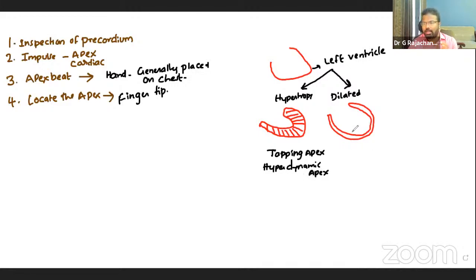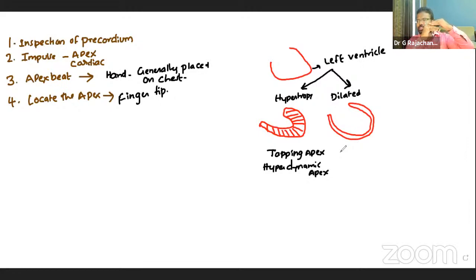But in case the patient is having a dilated left ventricle, the doctor will have a different feel. That's why it is called generalized. See, tapping apex means like this, as if somebody is tapping under the palm. So you'll be able to locate it and the feel is very, very strong. But when there is a dilated ventricle, it won't be tapping.